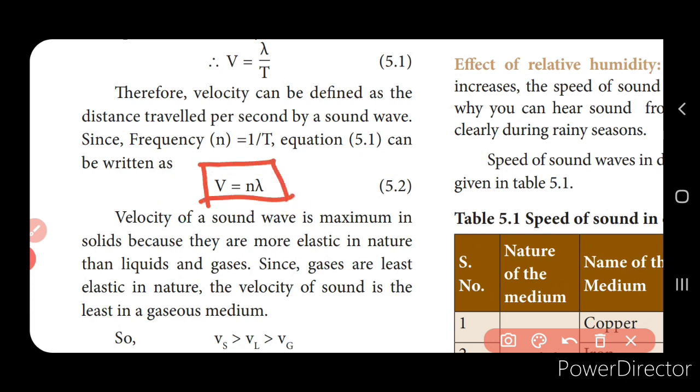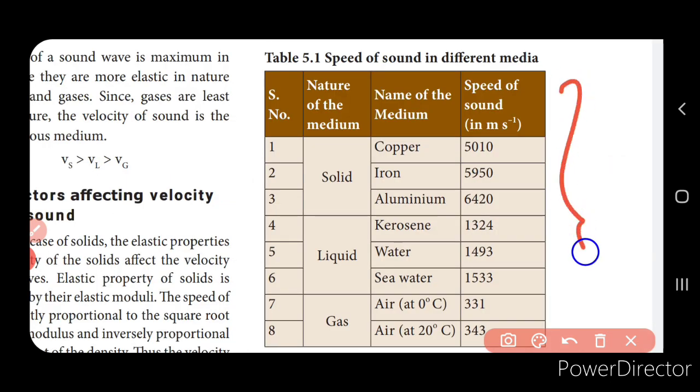If you see the velocity of the sound, it is maximum in solids because they are more elastic in nature compared to liquids and gases. The velocity of the sound is maximum in the solid and least in the gas. Here you can see the tabular column which gives you the speed of the sound in different media.